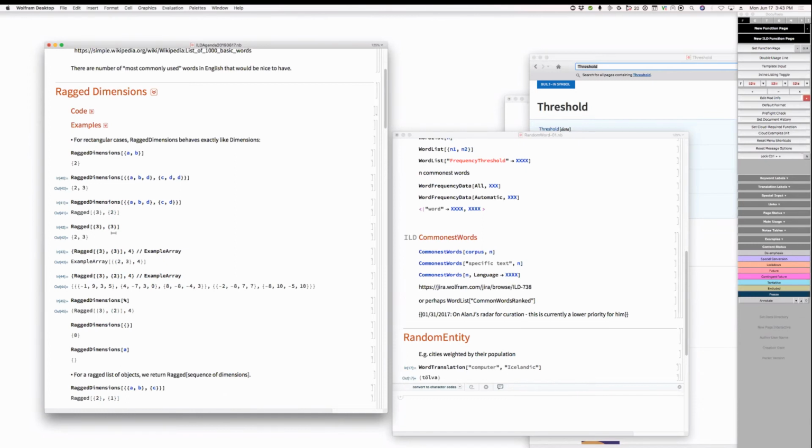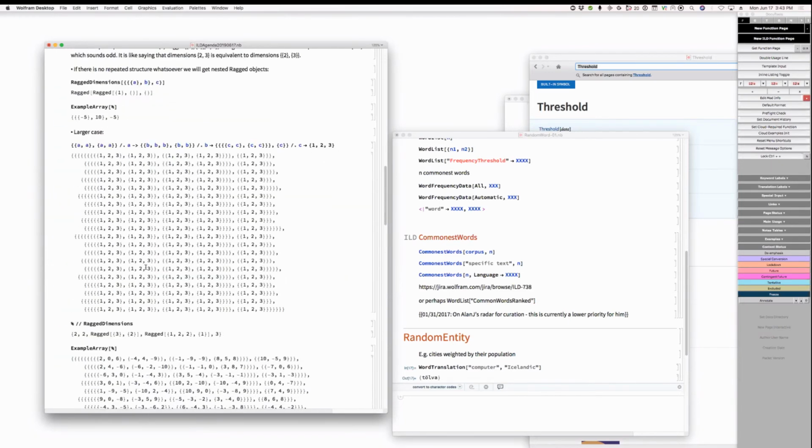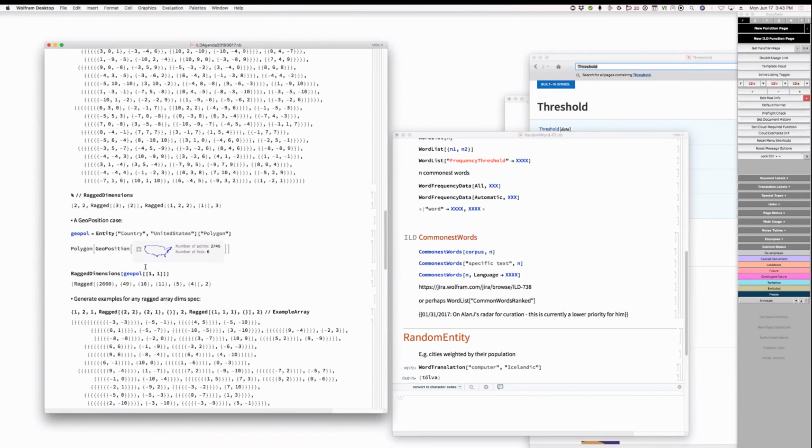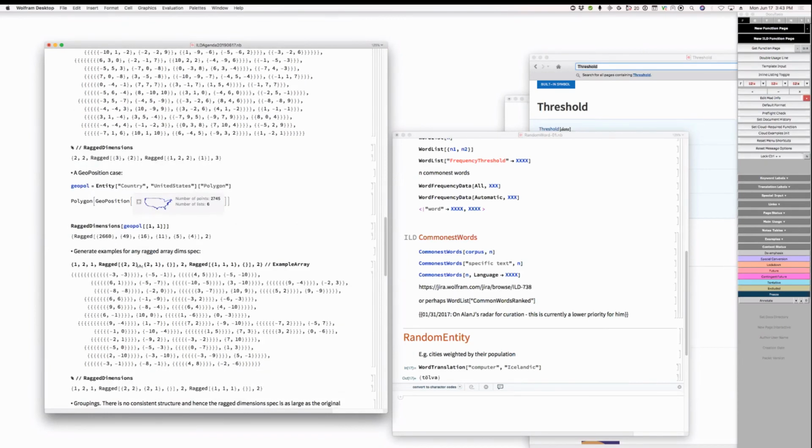For example, in geoposition, I have a similar problem because polygons also contain ragged lists of positions. And that was an example that is there at the end. So that polygon is describing both the ragged structure of the lists, and then at the end there is a 2, meaning they are all pairs.